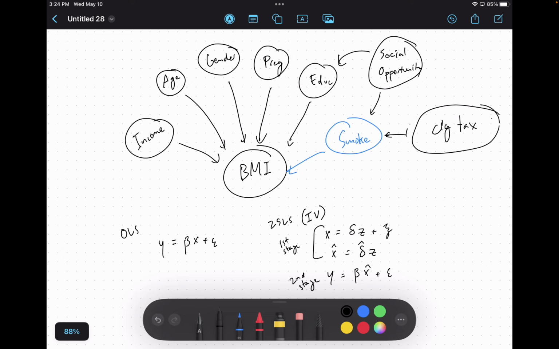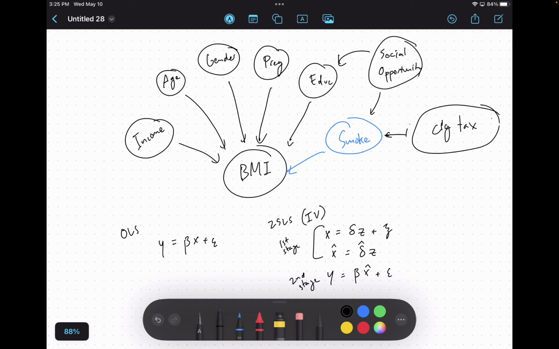I was actually thinking that if your income is related to where you live, and the cigarette tax is only in certain places, then there might be something there. But actually, in this data set, they've cleverly controlled for that because they have a before and after as well. So it's not just location based, it's also time based.